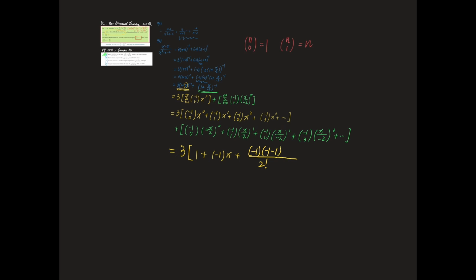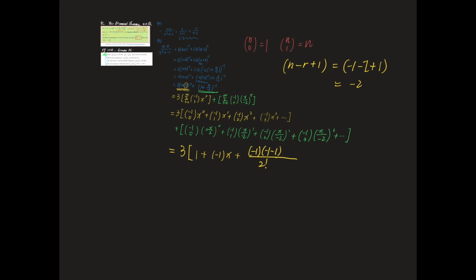And then continue all the way up to n minus r plus 1, which in this case is -1 minus 2, plus 1, which is also -2. So basically, you want to stop at -2. So -1 times -2, that's it, and divide by 2 factorial.